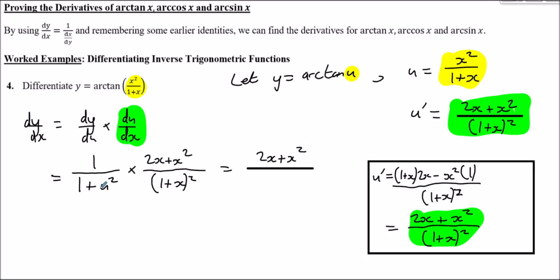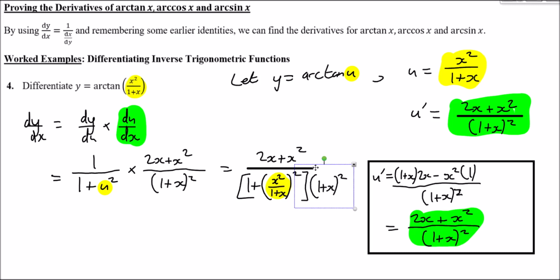Replacing u with what u is in terms of x, remember I said y is arctan u, so if I replace u with what u is, we're going to have on the bottom 1 plus this thing here all squared, so x squared over 1 plus x, which is our u, all squared, times this other denominator, so all of that multiplied by 1 plus x all squared.